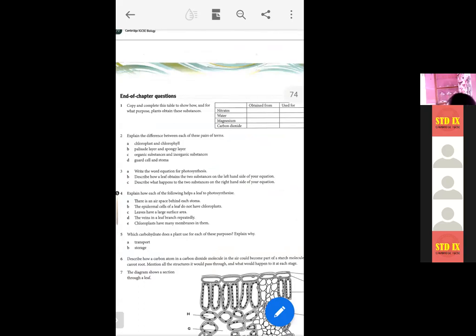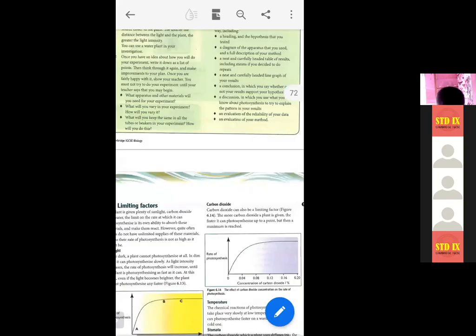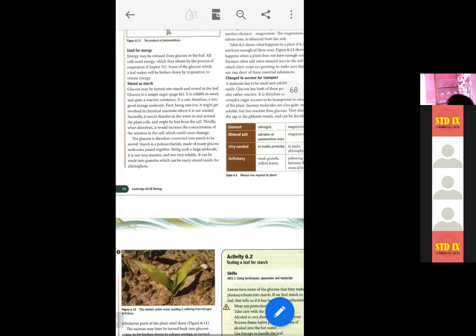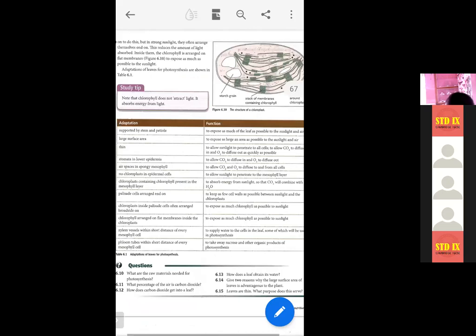This is why maximum sunlight can penetrate to the mesophyll layer.